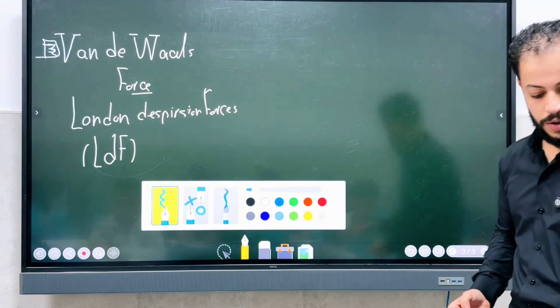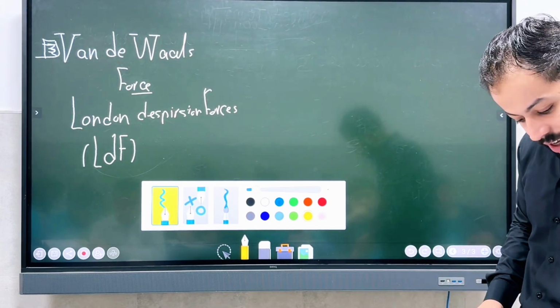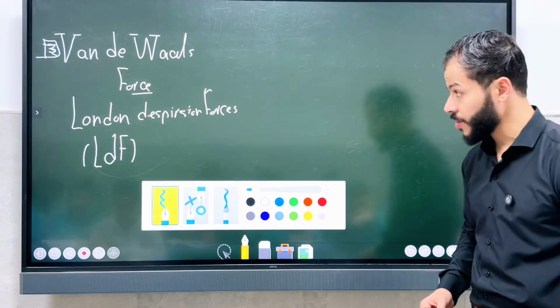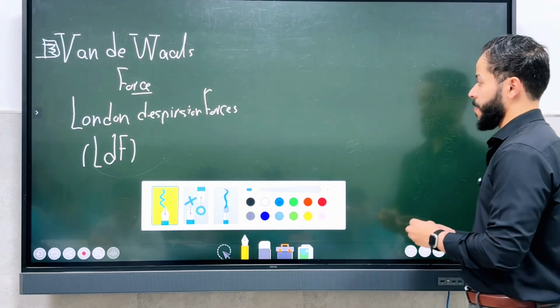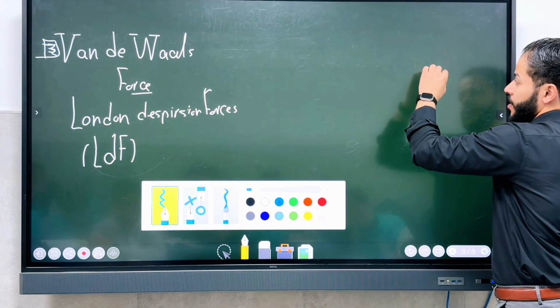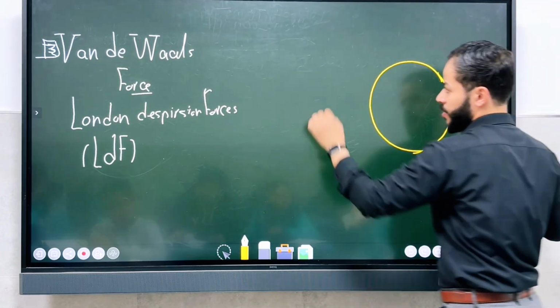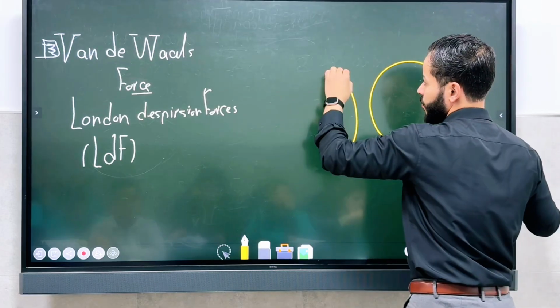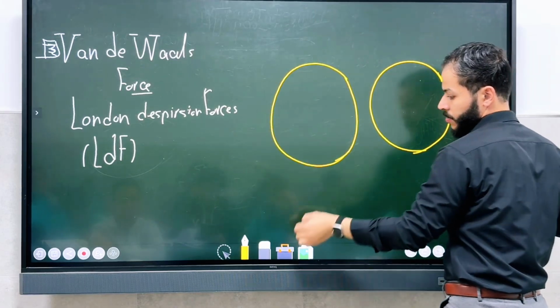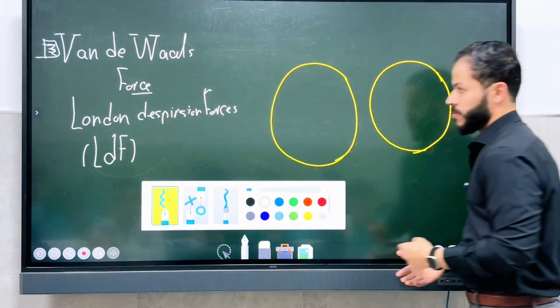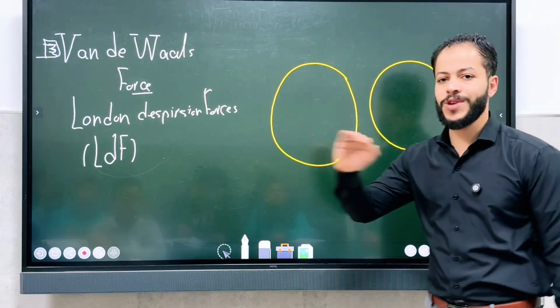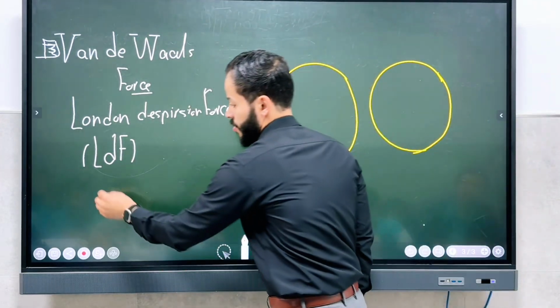I want you to go to the book, page 185. Look at figure 5.13. Okay? Temporary. Very good. If we have a helium atom, this helium atom here has a nucleus. This one is the weakest intermolecular attraction.